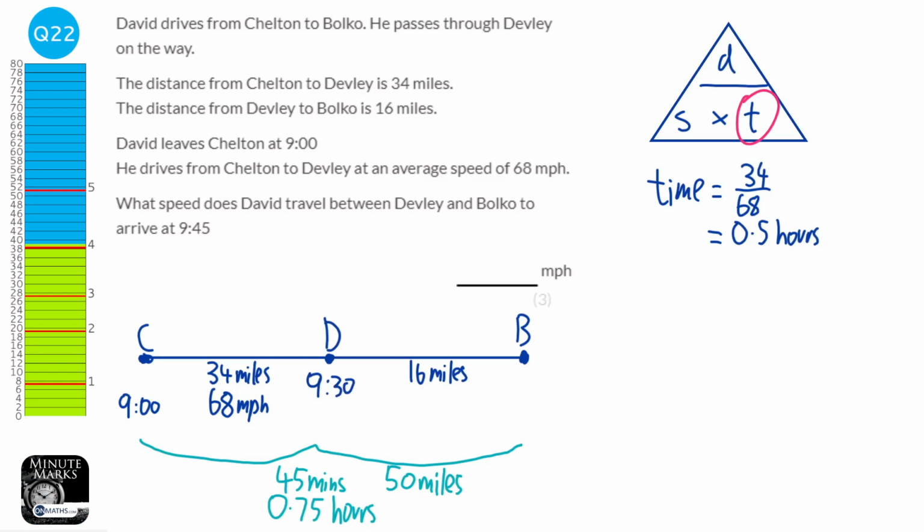So that means we've got 15 minutes left. Okay, so we've got 15 minutes to travel the 16 miles. So this time we're looking for the speed. So speed equals the distance, which is 16 miles, over time, which is 15 minutes, but we need that in hours, so that would be 0.25 hours.